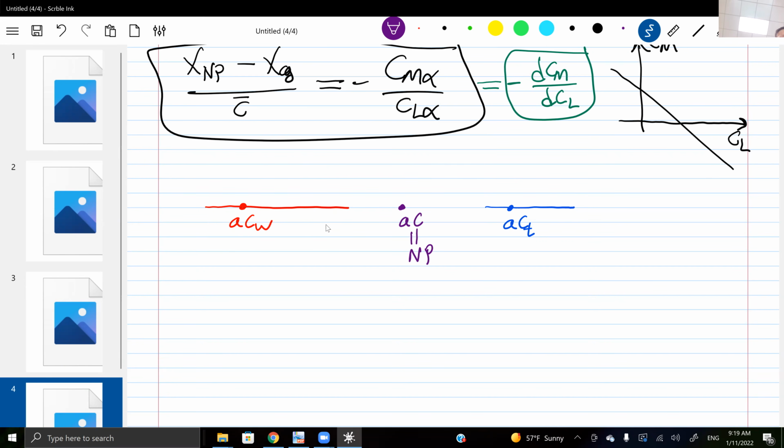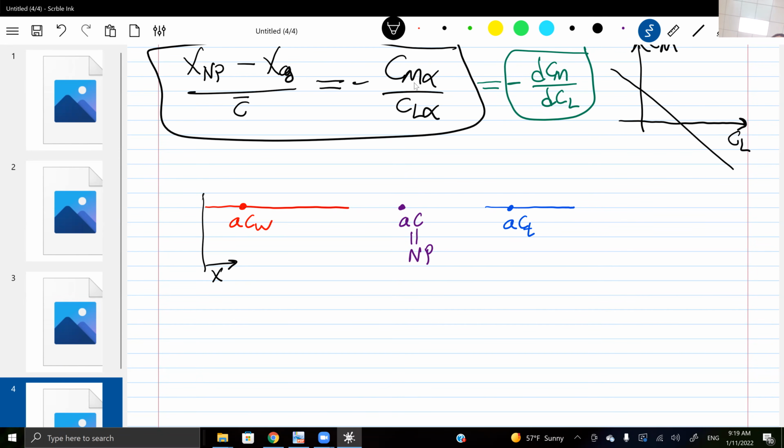And where should the CG be for a stable airplane? Remember that this is the x-axis of the entire airplane, starting from here. And we want Cm alpha for the entire airplane to be positive or negative for stability? Negative, exactly.